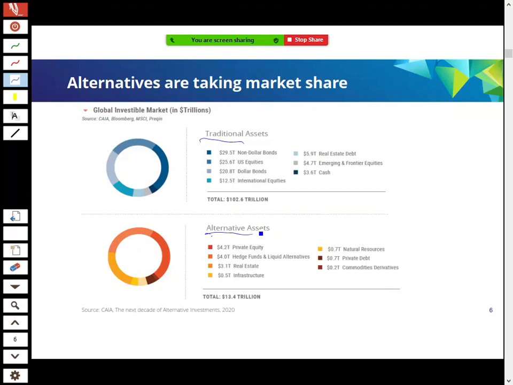It says that traditional assets in total account for about 102 trillion, and the alternative investments account for about 13.4 trillion, which is about 12% of the investment universe.